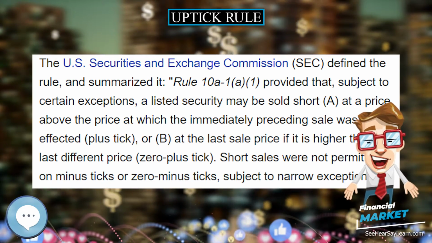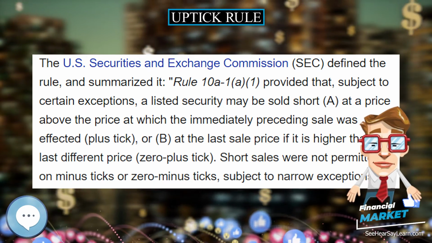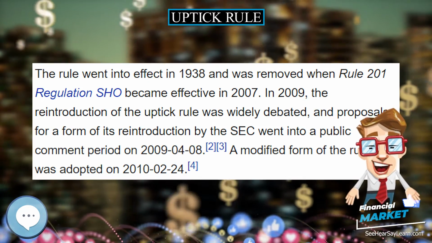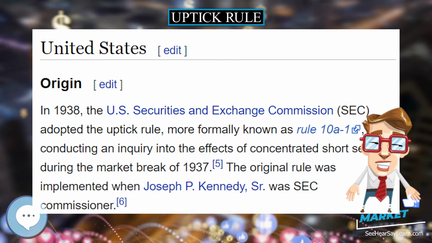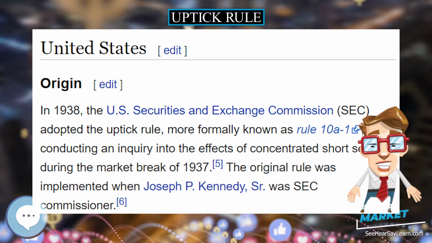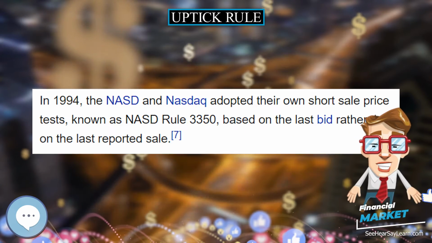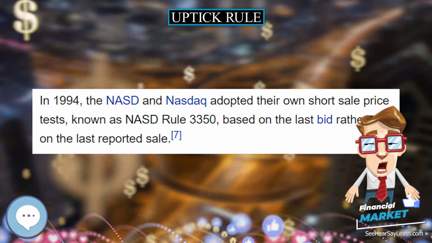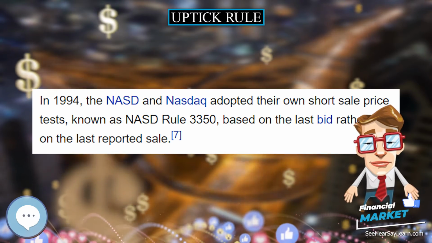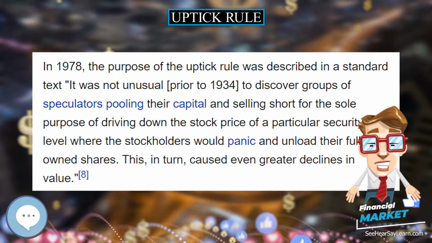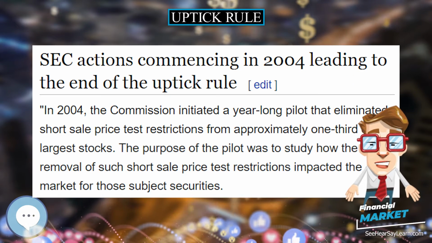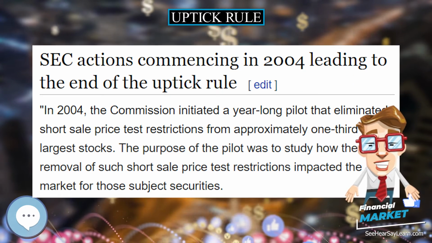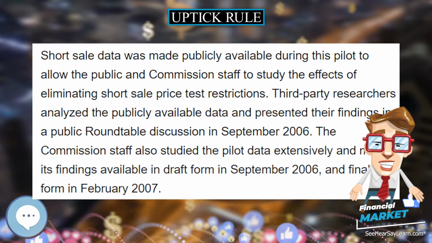Third-party researchers analyzed the publicly available data and presented their findings in a public roundtable discussion in September 2006. The Commission staff also studied the pilot data extensively and made its findings available in draft form in September 2006, and in final form in February 2007. At the time the SEC acted in 2007, two different types of price tests covered significant numbers of securities.